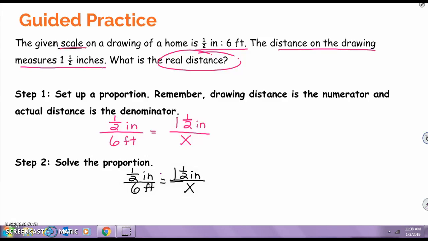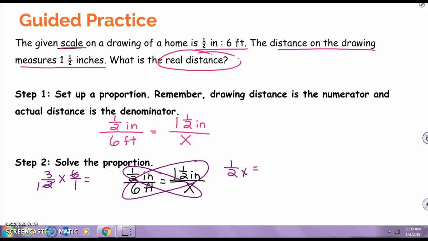So we're going to multiply 1/2 times x is 1/2 x, set equal to, now we're going to multiply 1.5 times 6. 1 1/2 as an improper fraction is 3/2 times 6 over 1 as a fraction. We can cross simplify 2 and 6. They share a common factor of 2. 2 divided by 2 is 1, 6 divided by 2 is 3. Now we multiply, 3 times 3 is 9, 1 times 1 is 1, so that would just equal 9.